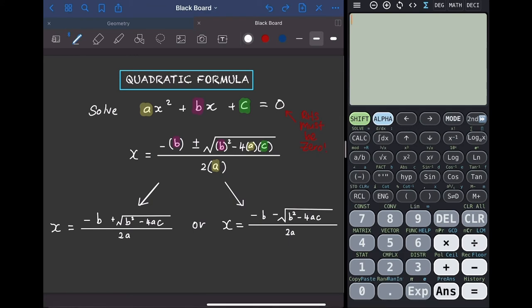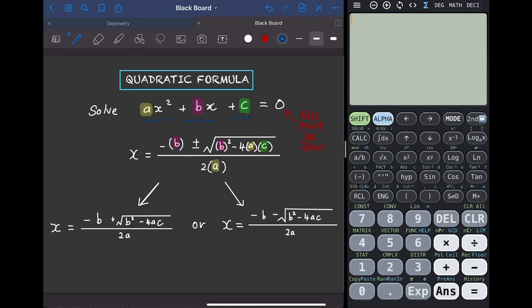But also, very importantly, notice that my terms are in the order of x squared, x, and constant, so it has to be in that order. The x squared term has to come first, followed by the x term, if there is any. Sometimes there isn't, and then the constant term comes last, and sometimes the constant term is not there as well.